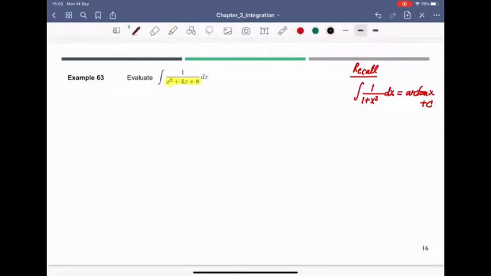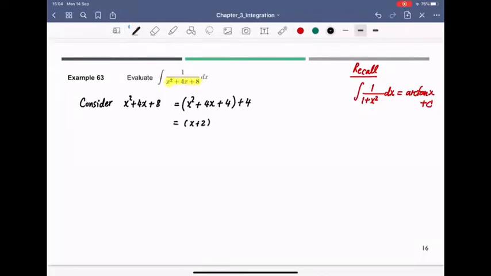So let's consider the function x squared plus 4x plus 8. We need to simplify this to something that is easy enough to integrate. First of all, I am going to complete the square. So x squared plus 4x plus 8 is equal to x squared plus 4x plus 4, and then plus 4. The reason why I do this is that I'm trying to complete the square.